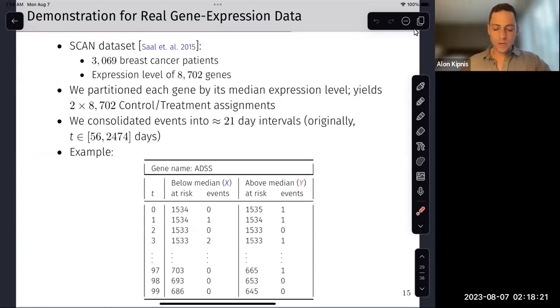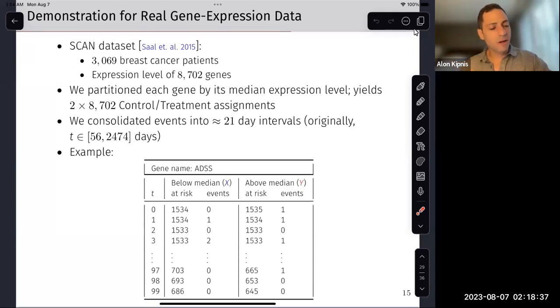In order to get survival data to compare groups, we take every gene, and every gene gives us an assignment of the patients into two groups. How do we assign them?